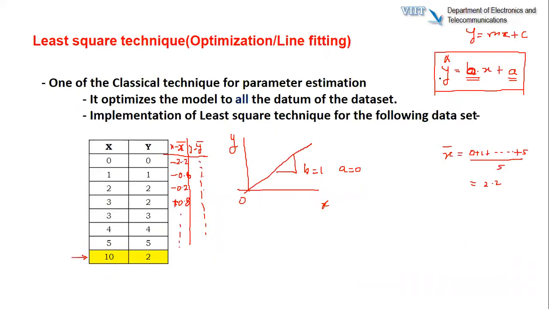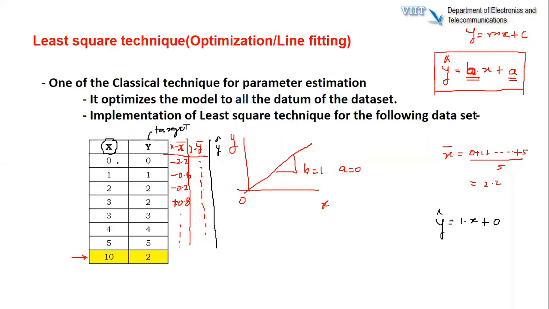Okay, what do I mean by that? So this is the target. Now I will find out y cap for a given x value. If x is 0, I will get from the model, because I have the model y cap equals 1 into x plus 0, right?